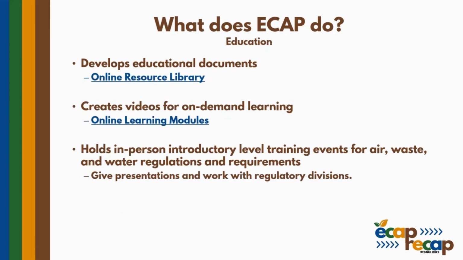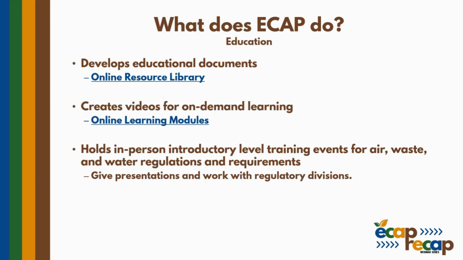Now, I've talked a lot about that technical assistance, but one of the other things that ECAP does is educational outreach, and we create educational materials. So one thing that we do is develop educational documents, and we put them online for the public to view. Now, these documents can be everything from quick one-page fact sheets on new regulations or regulation changes to, I think right now I'm working on revamping, I think it's a 130-page workbook on dry cleaning facilities.